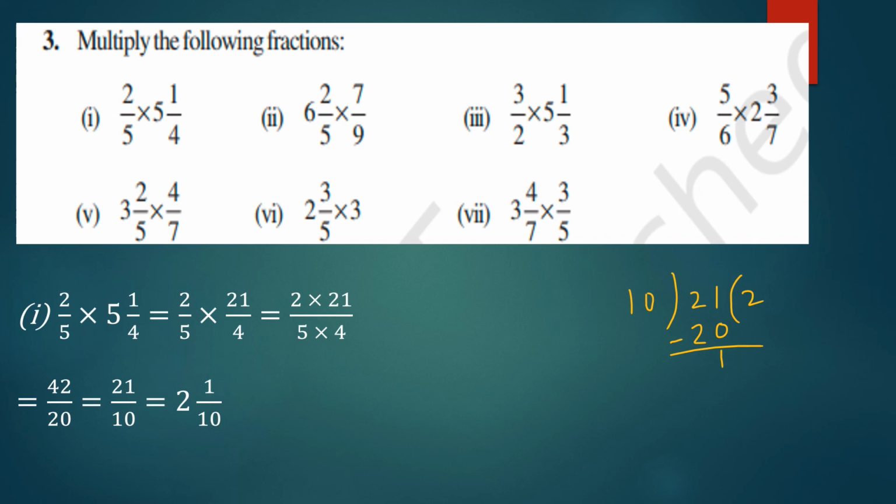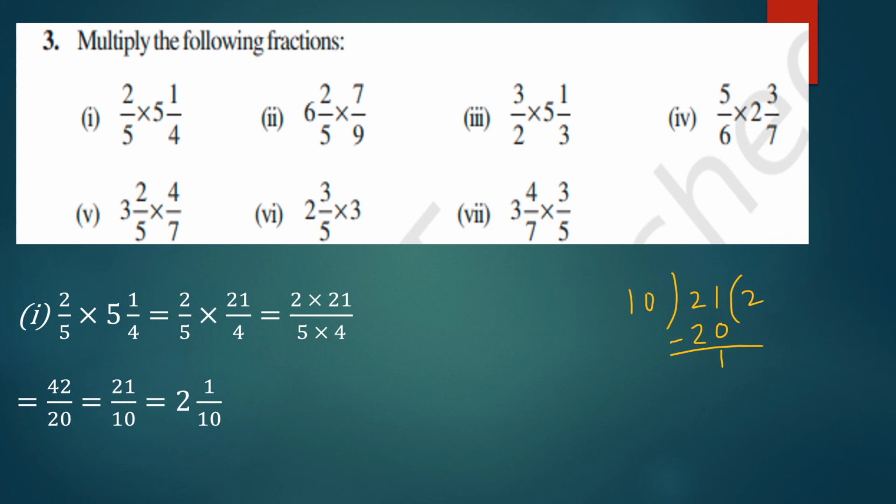So consider the first one, 2 by 5 into 5 1 by 4, which is equal to 2 by 5, writing as it is, into 5 1 by 4, it becomes 21 by 4. Now everybody is very well aware of how to convert the mixed fraction into improper fractions.